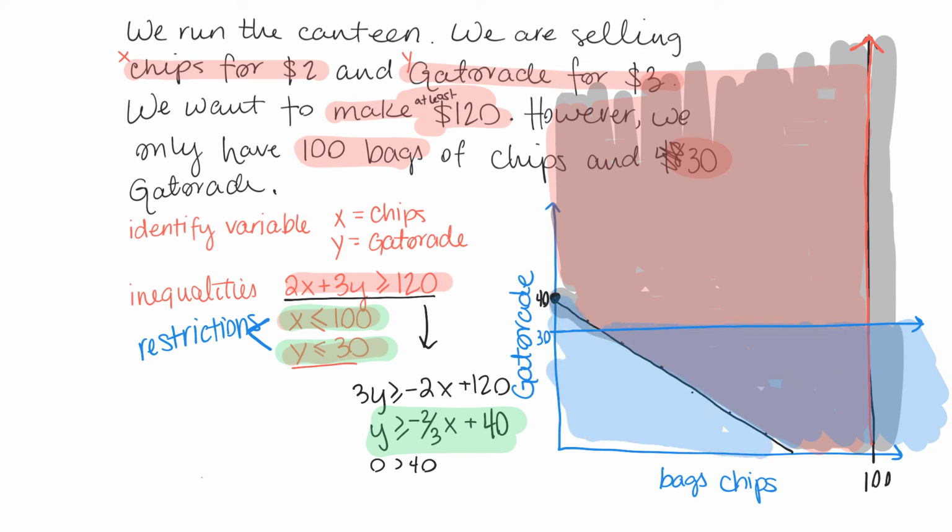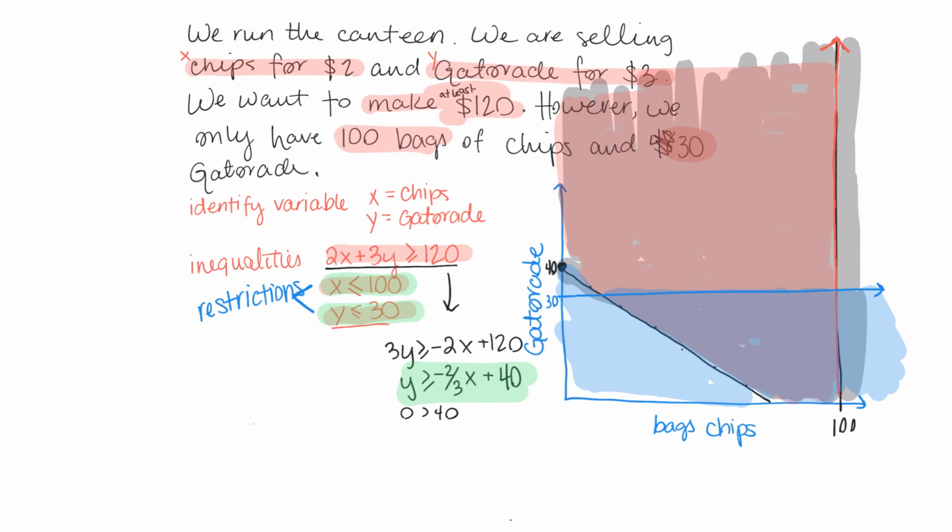All right, so now, my friends, my question is, what are some possible solutions that you could sell? Well, you could sell right here, right? You could sell this right here. It's probably 70-20, right?